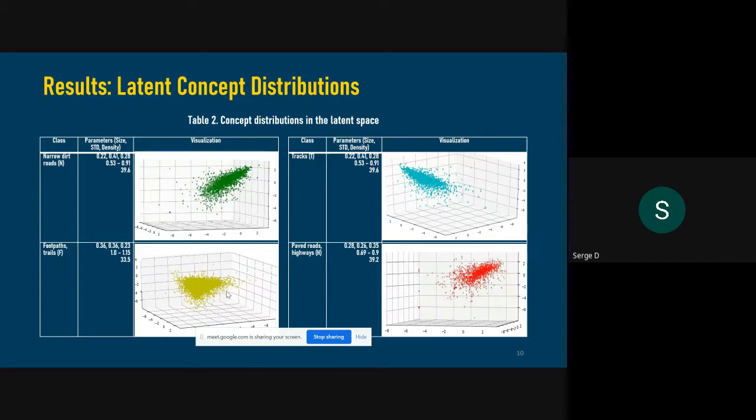So they are not spread through the entire latent region where all data points are located, but gravitate toward a specific region or area in the latent space.